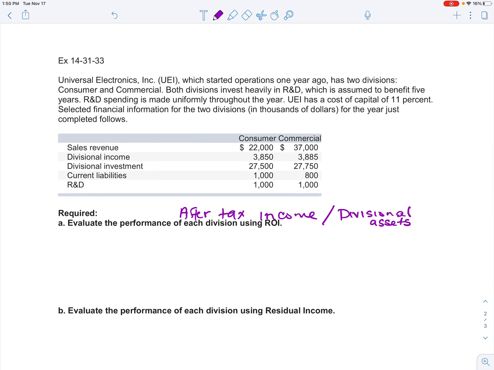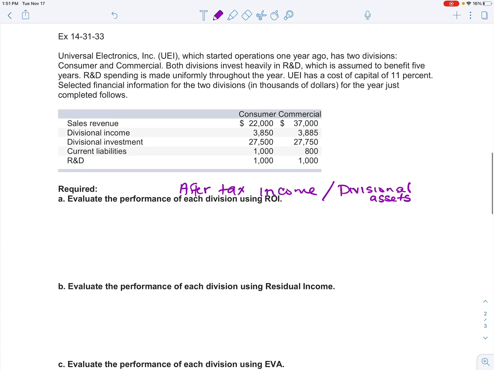Then I'm just going to use the information that's given and find the return on investment. They want it by these two different divisions, consumer and commercial.